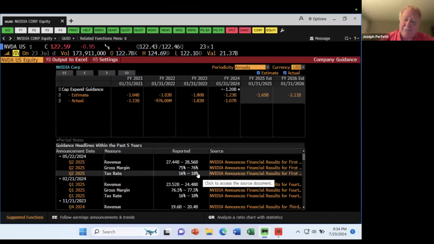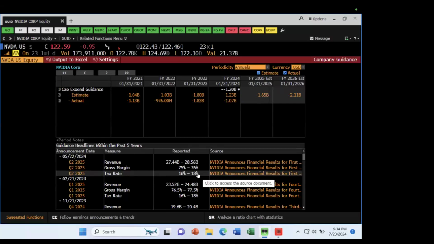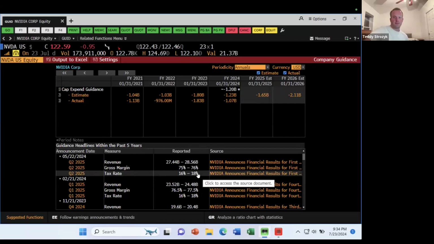Okay, so we need a realistic tax rate for Nvidia going forward. The company said 16 to 18. Where in that range do you want to put the tax rate that we use? The middle. All right, that seems very reasonable to me.